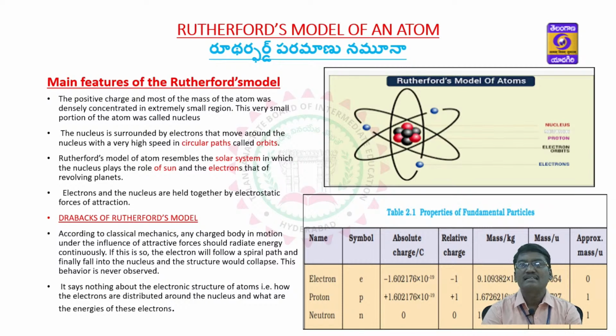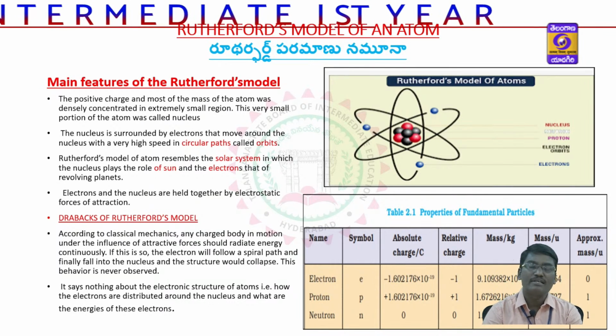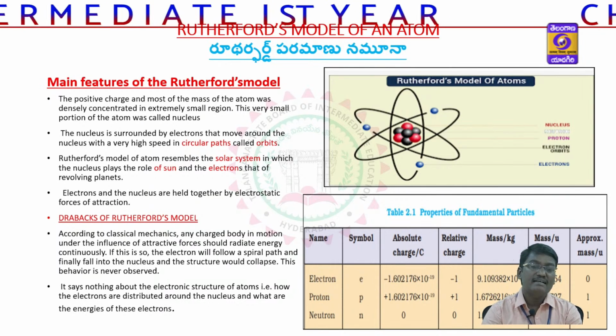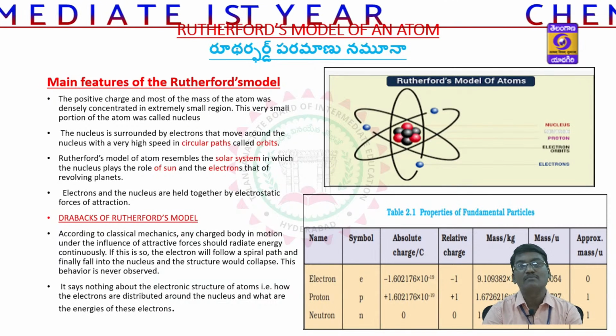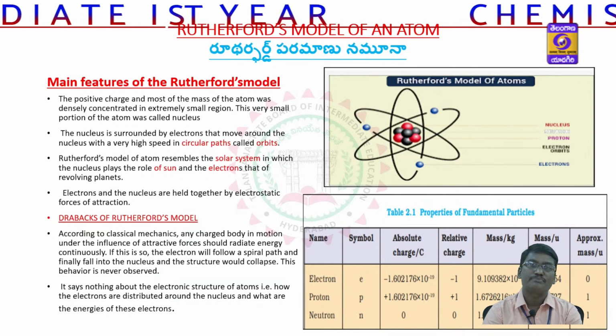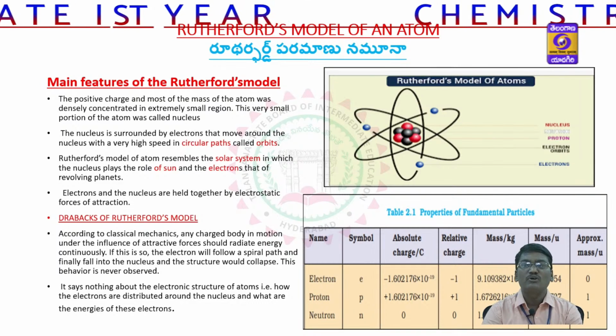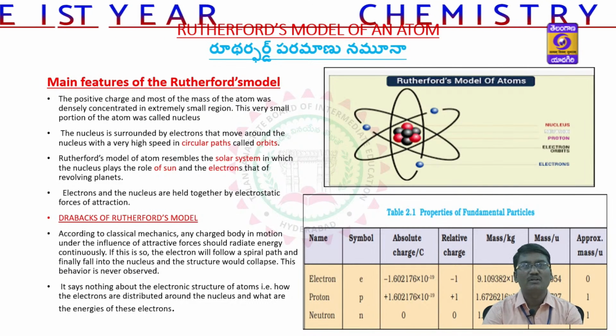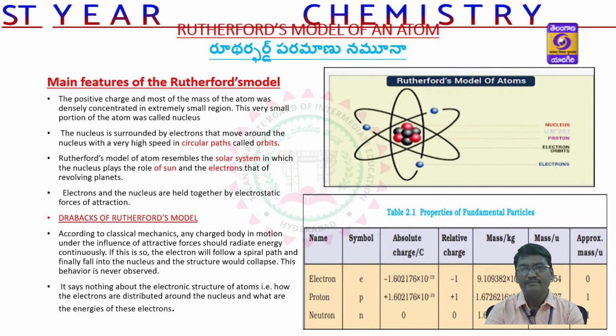Why? Because there is a force of attraction between the nucleus and the electrons, called the electrostatic force, which includes centrifugal and centripetal forces, which maintain the electrons. So that is the main features of the Rutherford model of atom.